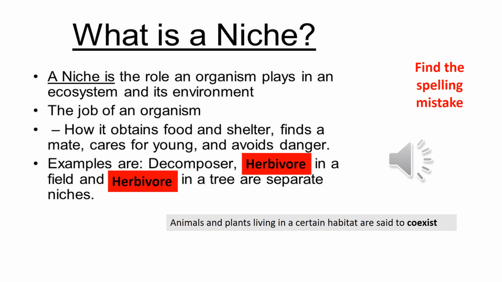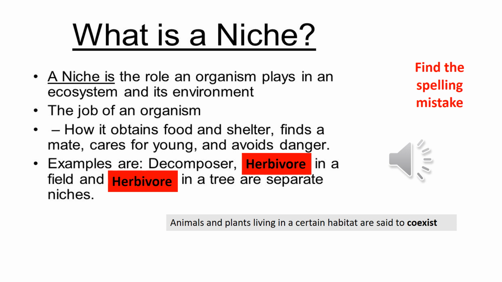So here we have 2 new keywords. We have niche and we have coexist. So niche is when an organism, so for example, an organism living in an oak tree has its own unique place, its own special niche, its own role to play in the bigger picture of that oak tree.